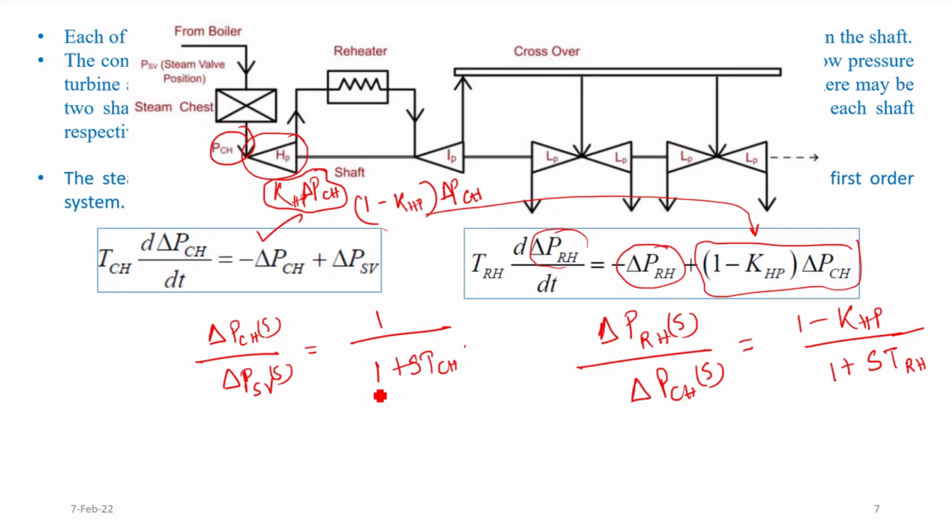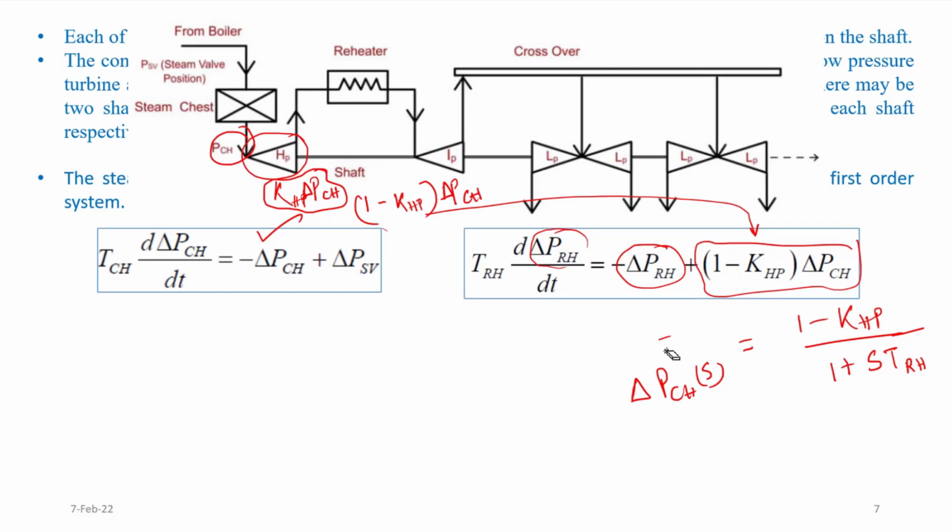This is a simple, linear transfer function. Now we have two equations because we are considering a two-stage turbine.